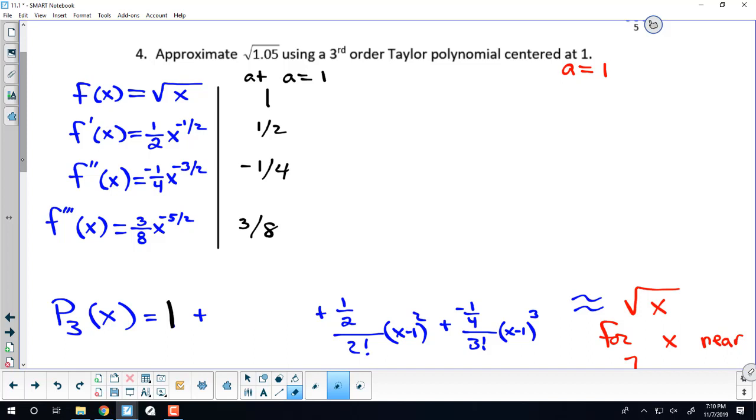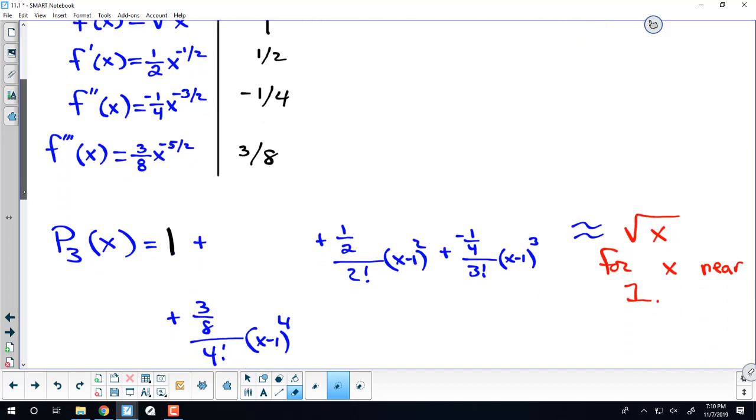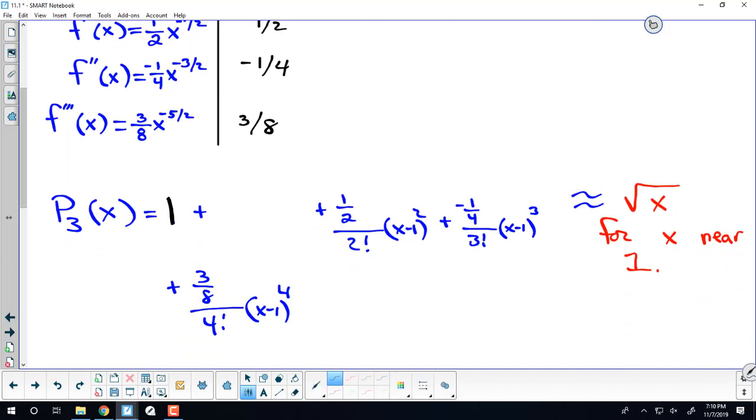Well, the 1/2 is coming from the first derivative and the first power there.